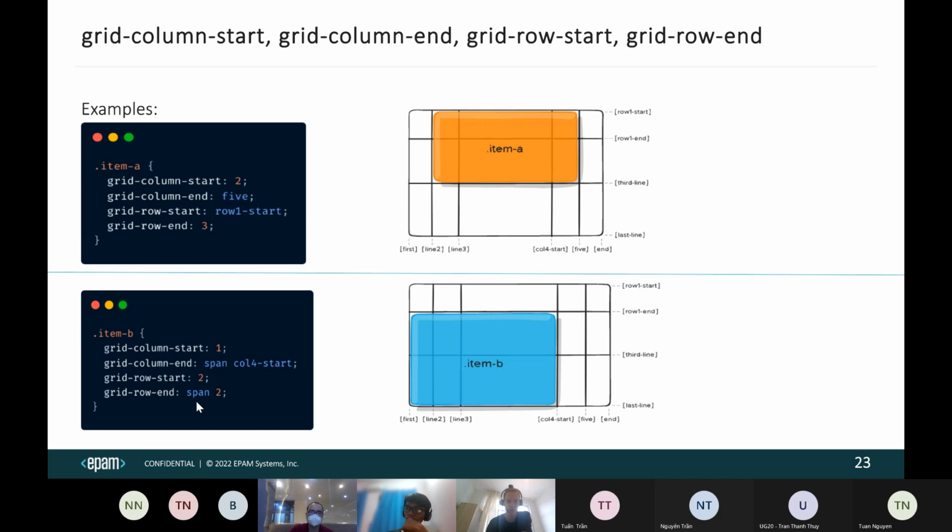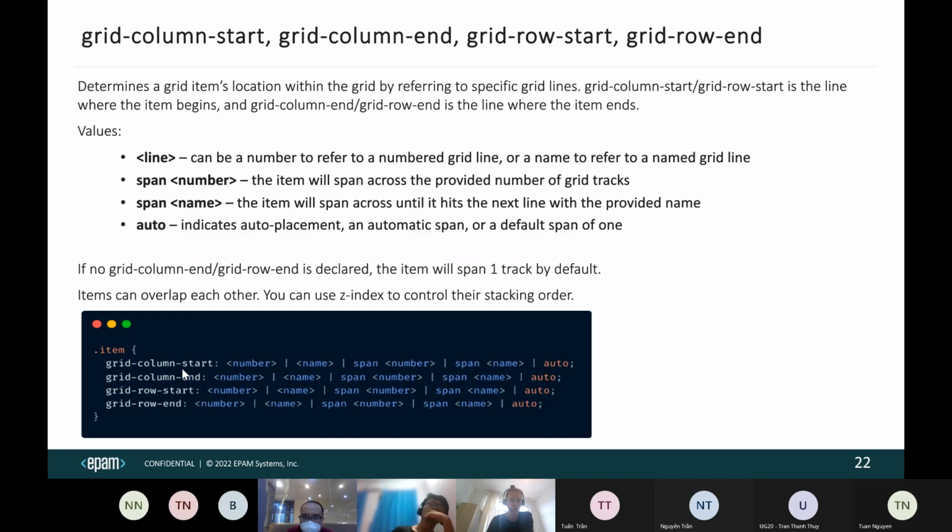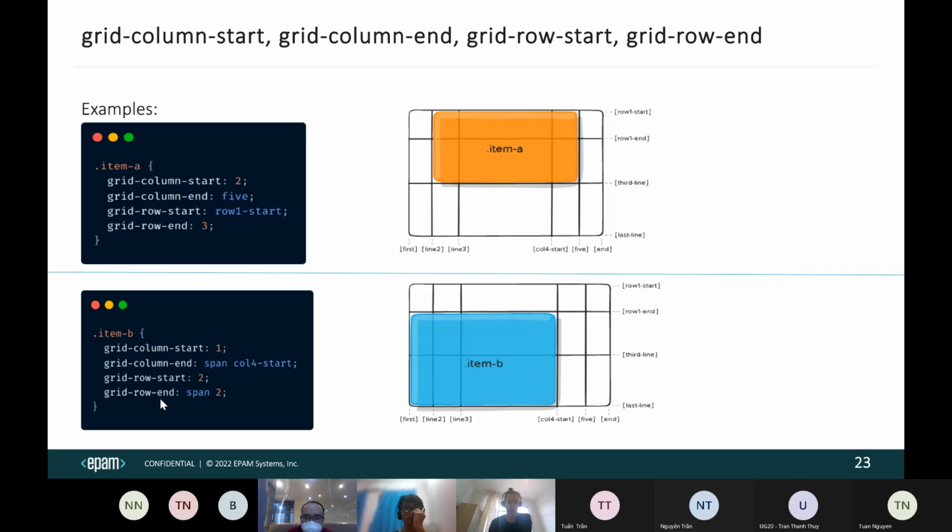Span in this case means that it will span across these two rows. So for example, here it will start with the row number 2 and take 2 rows, like 1 and 2.